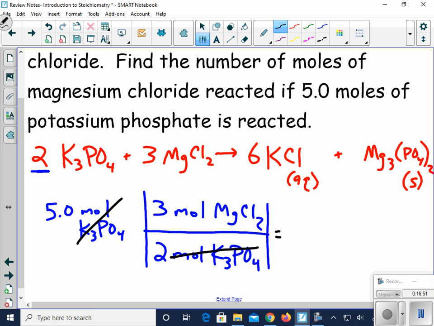It's going to leave me with a label of moles of magnesium chloride. So I'm going to take 5 times 3. What's that going to give me? 15. And 15 divided by 2 is going to give me 7.5.